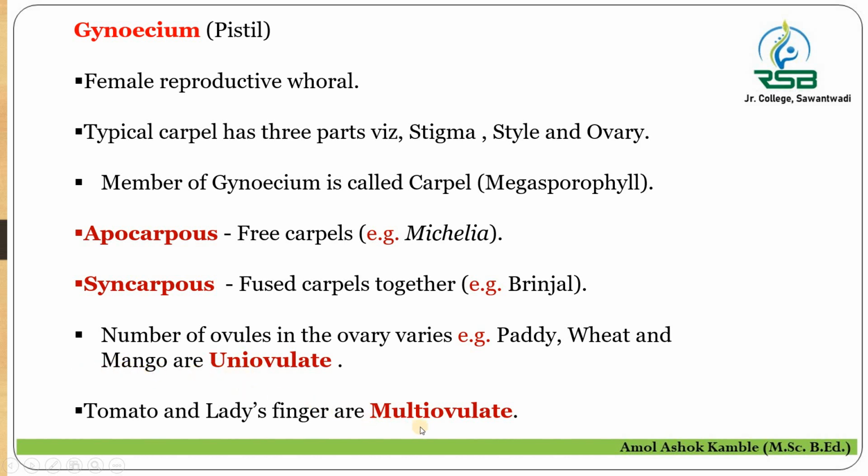Then come towards the multi-ovulate condition. Multi means many. Here there are many ovules present inside the ovary. For example, in case of tomato and lady's finger, they show a number of ovules.